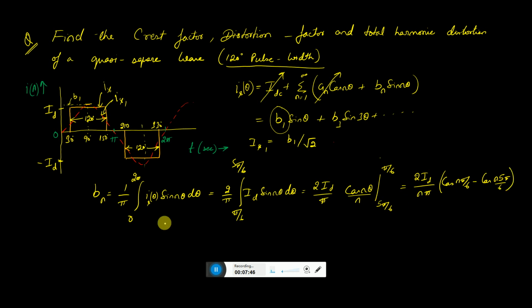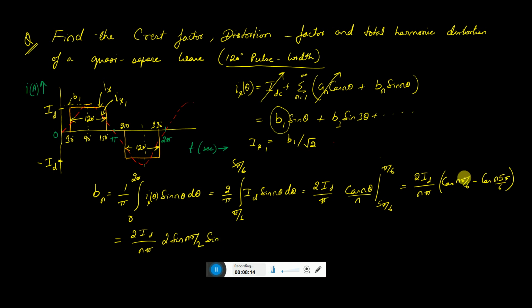That's the value. So we can again rewrite that 2 Id by n pi, cos a minus cos b will be equal to 2 sine of (a plus b) by 2. That's nothing but n pi by 2, because n pi by 6 plus n 5 pi by 6, that is n pi divided by 2.